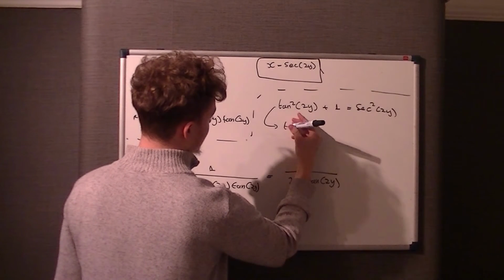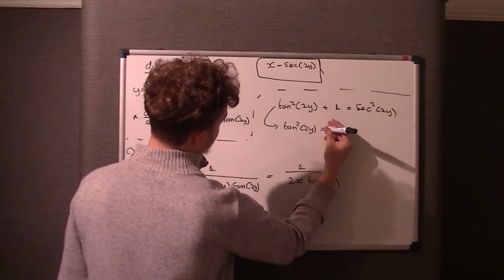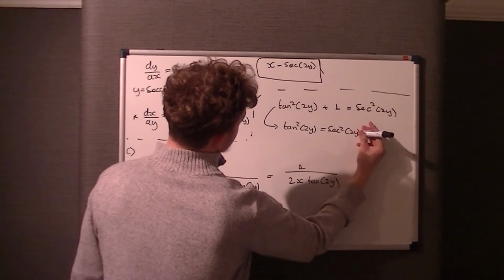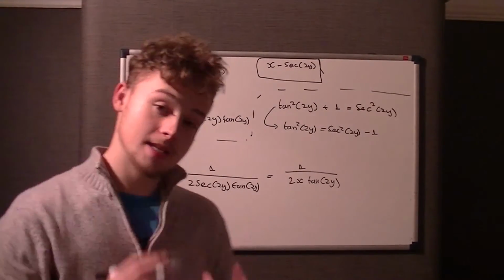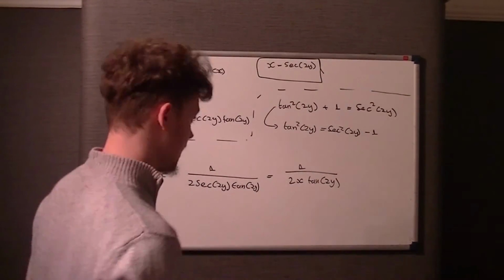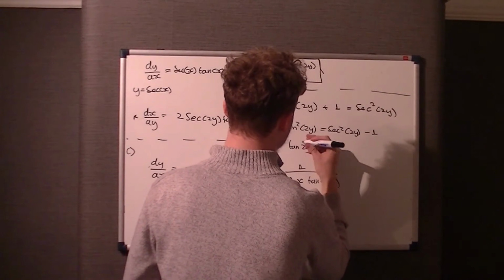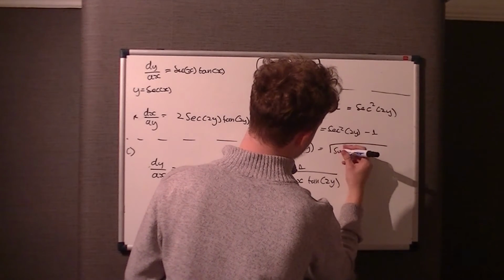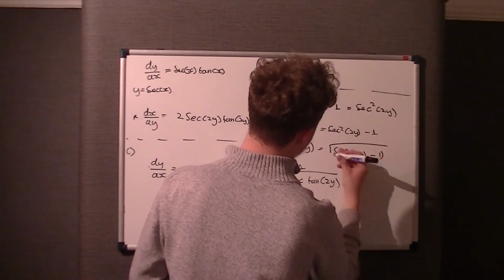Given it's tan squared 2y, that's fair enough. So tan squared 2y is equal to sec squared 2y take 1. Okay, now it's as simple as square rooting both sides. So in other words, tan 2y is the square root of sec squared 2y, take 1, okay?